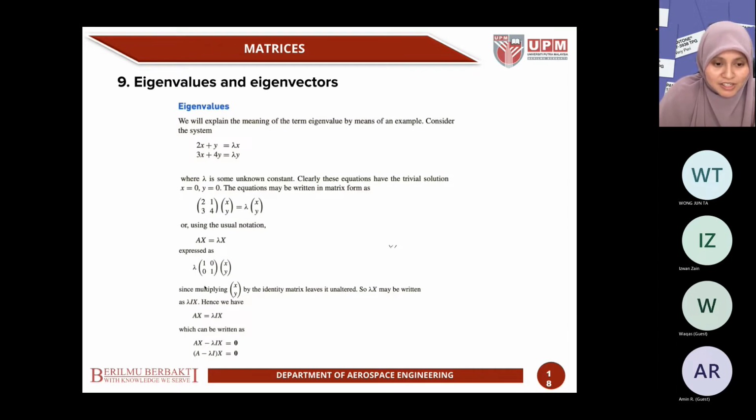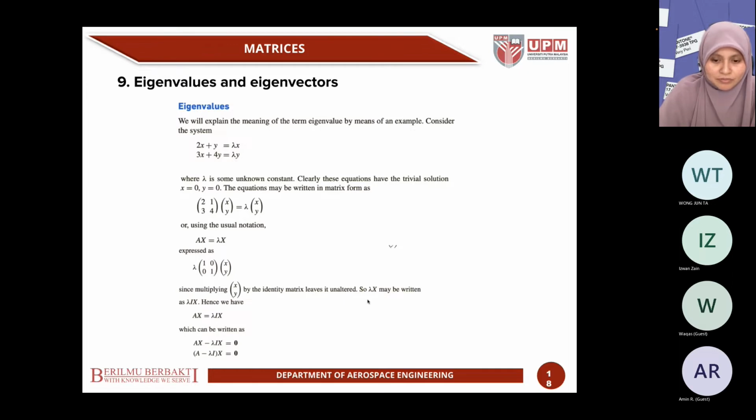Multiplying x, y by the identity matrix leaves it unaltered, unmodified. If we multiply x, y with an identity matrix, it will become x, y again. So we can just add on an identity matrix here, and it will not change the initial simultaneous equations.